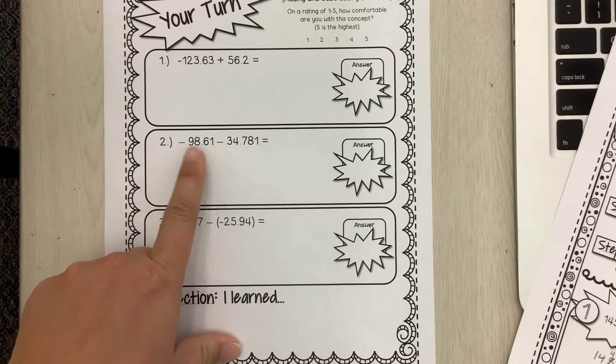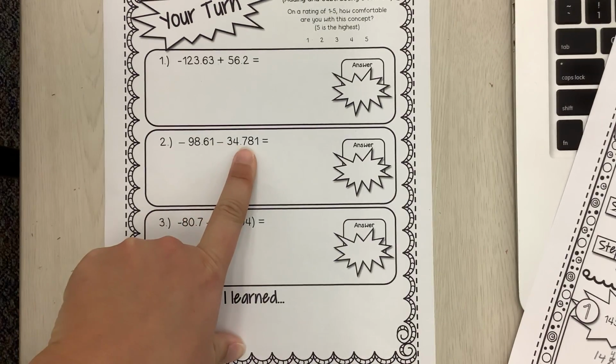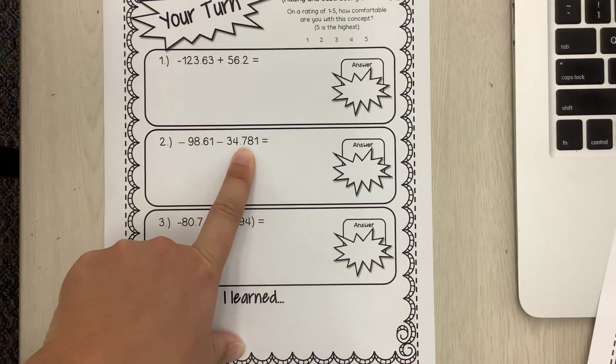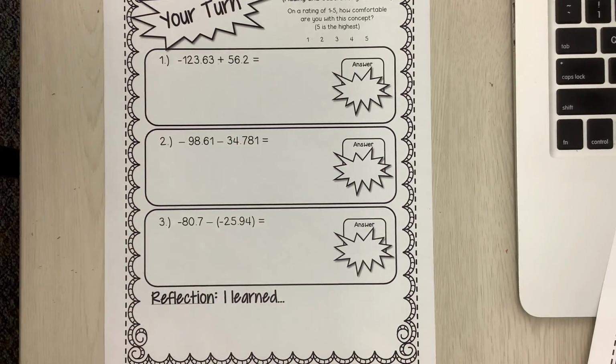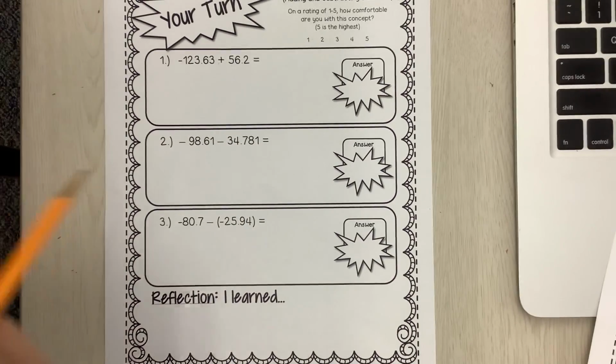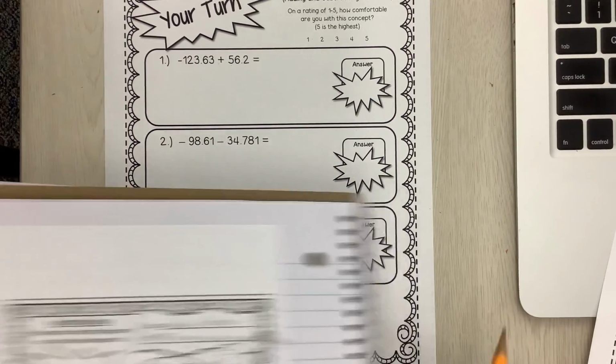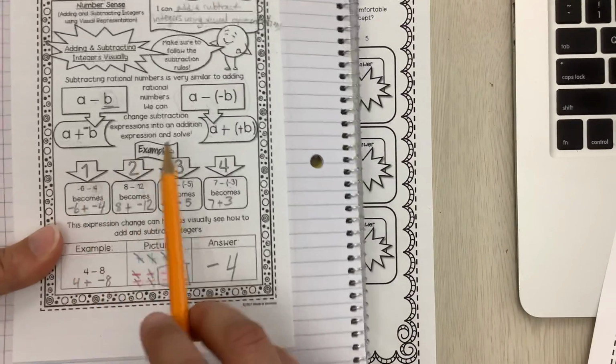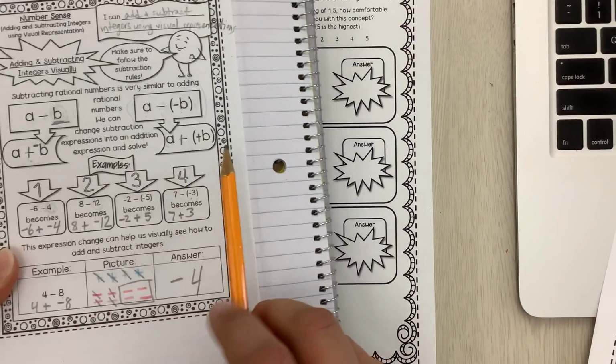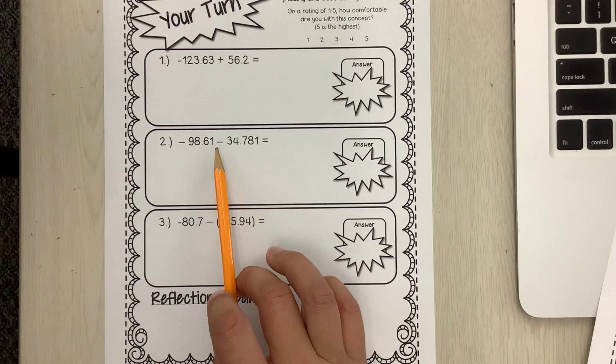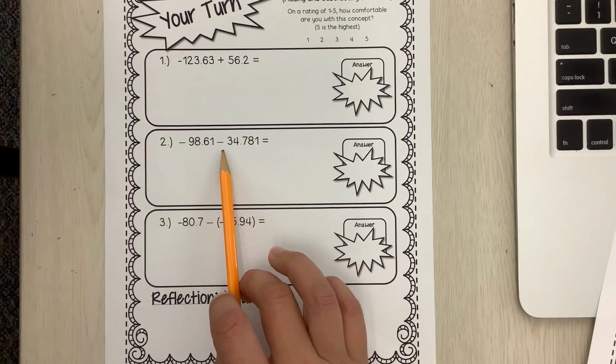On the second one, it's a negative minus a positive. So if you follow these rules that we did, let's look at this one together. A negative and a positive, okay? Oh, sorry, this is a subtraction. We're going to change it.